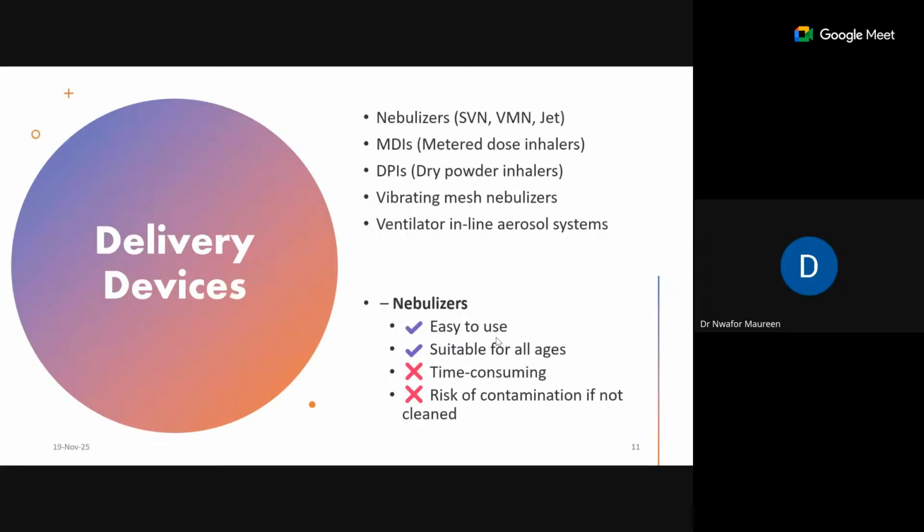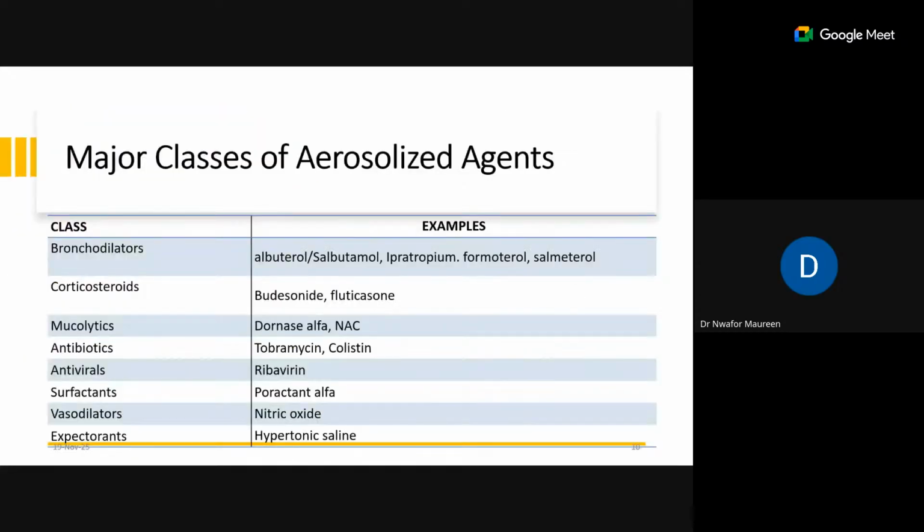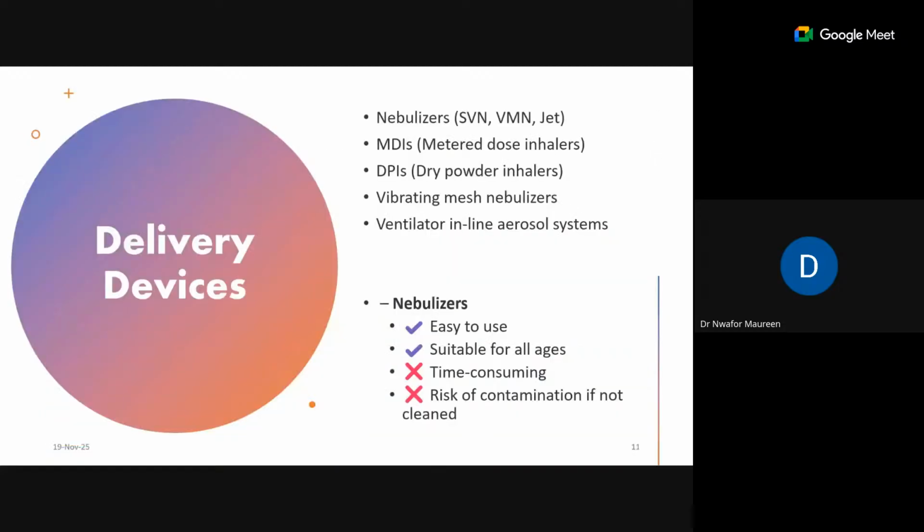Delivery devices: because they're aerosolized medications, we don't give them orally or by injection. We use MDIs, we use a ventilator with an aerosol system, or nebulizers.